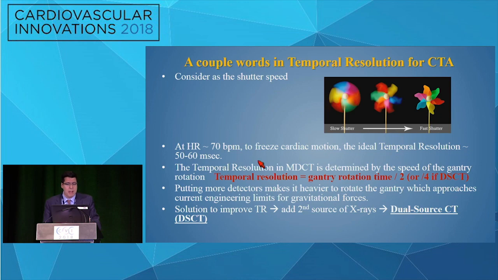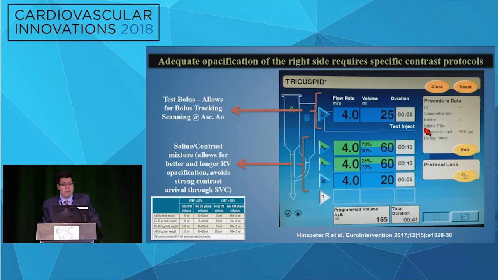For a heart rate around 70, temporal resolution should ideally be around 50 to 60 milliseconds. And the best way to improve the temporal resolution is obviously to control the heart rate if you can. But if you can't, then use scanners, such as dual source CT scanners, that instead of half of the rotation time would use a quarter of the rotation time of the gantry. So there are developments in technology as well to help us out with that.